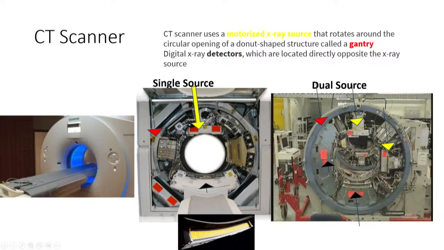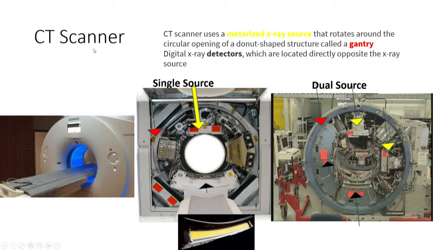Okay, so a CT scanner uses a donut hole casing, and within that donut, actually, it's hidden inside. It looks nice and friendly and smooth and relaxing, but inside there's a lot of machines and detectors.